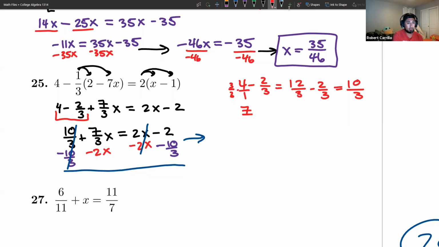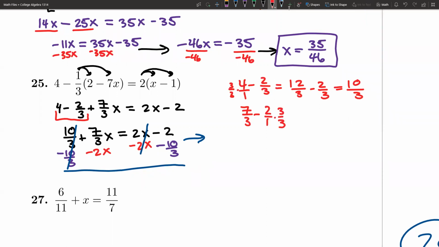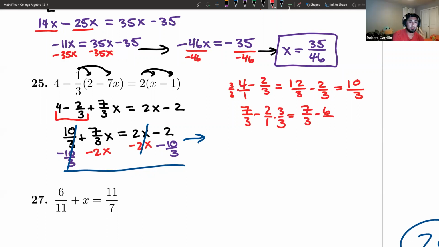So 7/3 minus 2. And just like the above, you put 2 over 1 and get that common denominator of 3. And that becomes 1/3, which gives me 1/3.